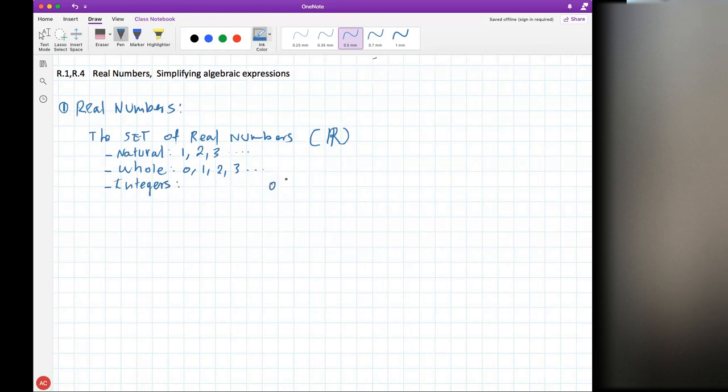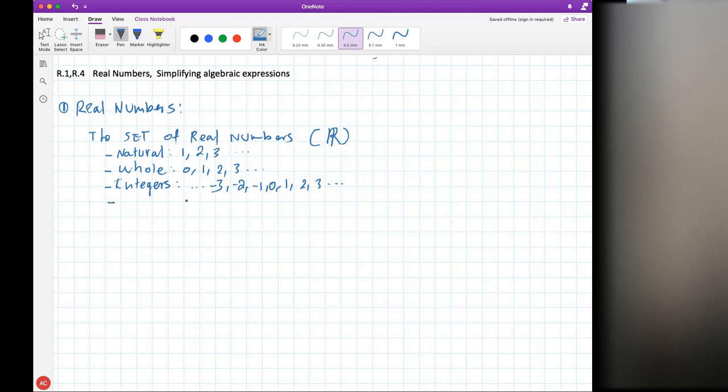Basically this, and we add negatives to it. So 1, 2, 3, it keeps going up, and then on the other side, you have -1, -2, -3, and so on. That's called the integers. 0 in the middle, positives on the right, negatives on the left. And that's the new group. It's bigger than the previous groups.